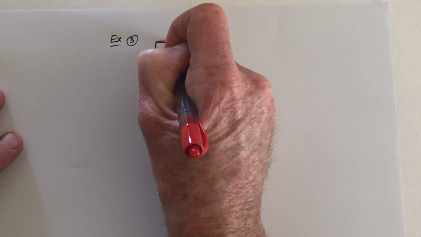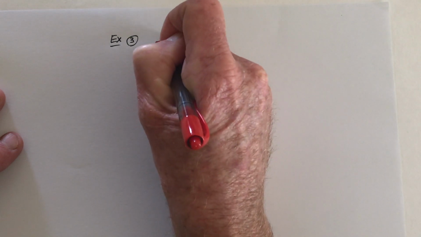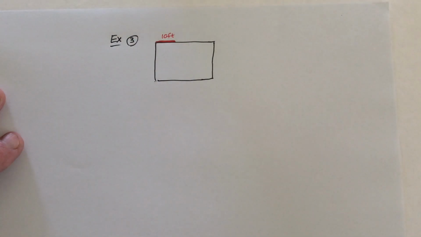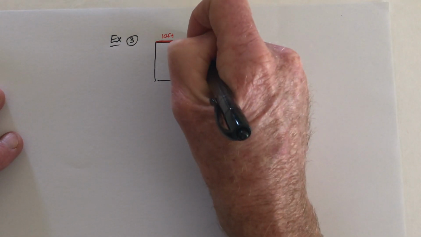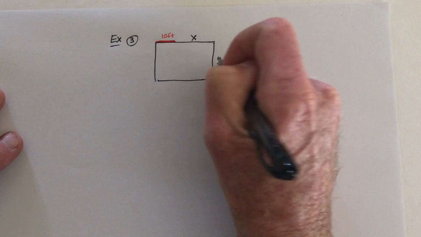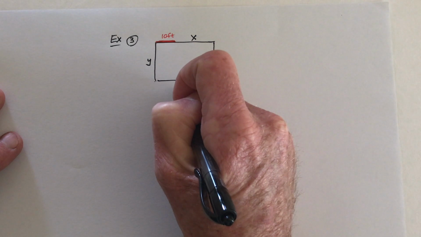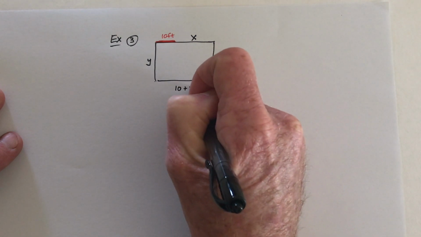You could tell it's made out of brick because it's red. Look at that. And then the farmer is going to need to build this, which is x, this, which is y, this, which is y, and then the bottom would be 10 plus x.